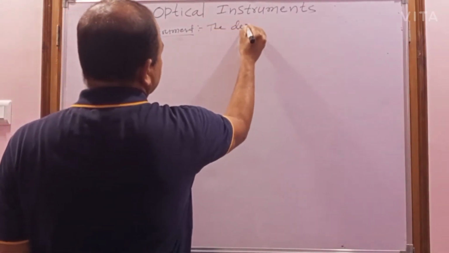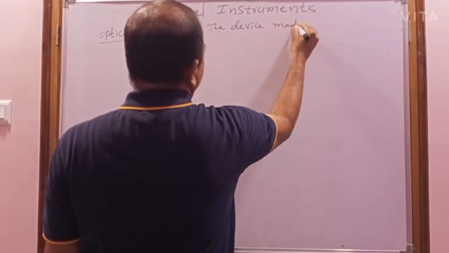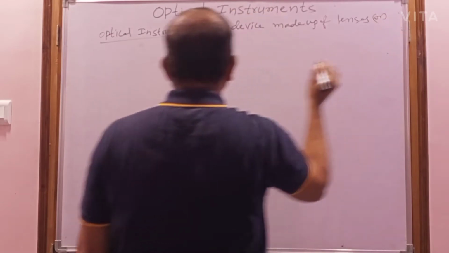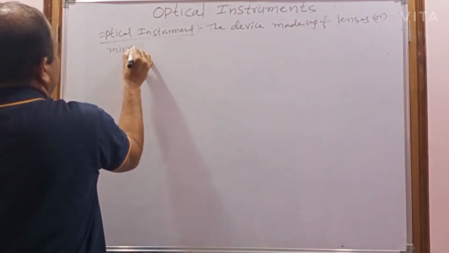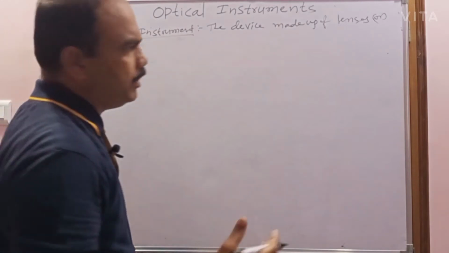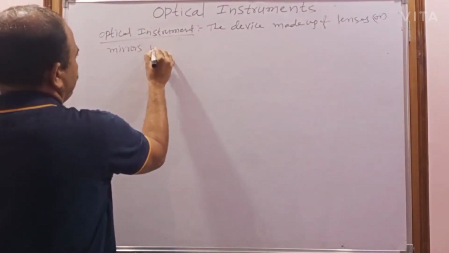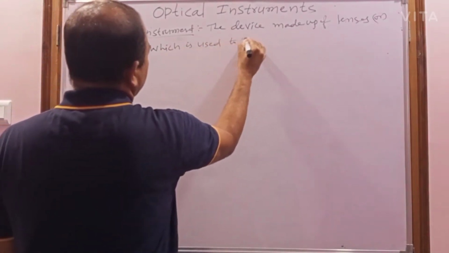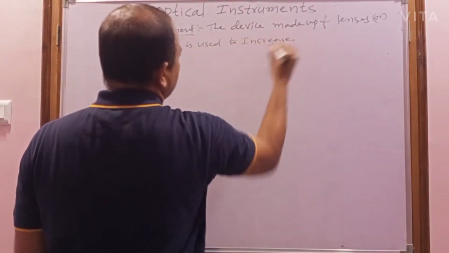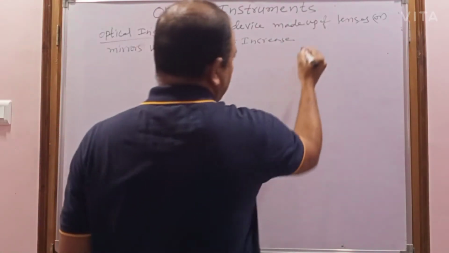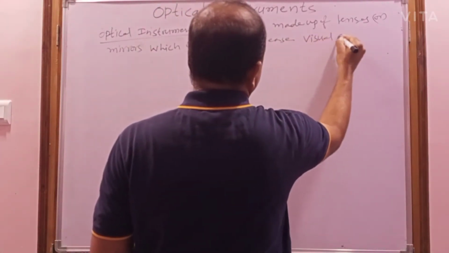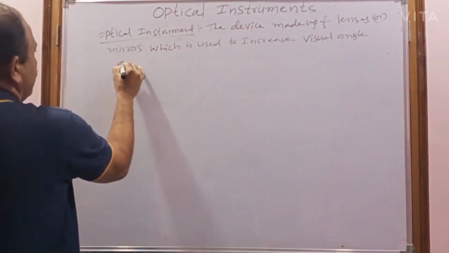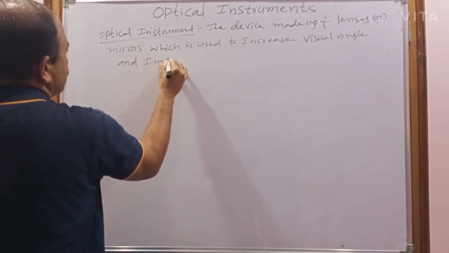So what is an optical instrument? The device made up of lenses or mirrors, and combination of lenses and mirrors, which is used to increase the visual angle (later I will tell about the visual angle) and improve the clarity of image.